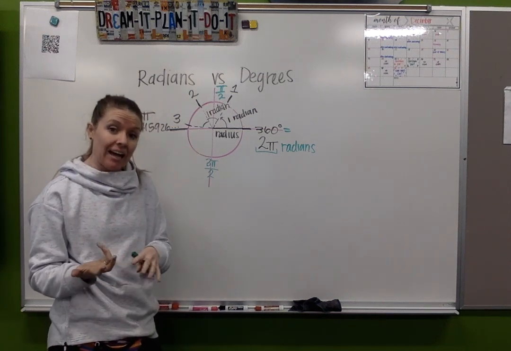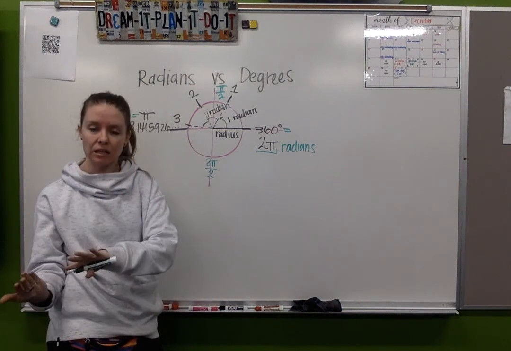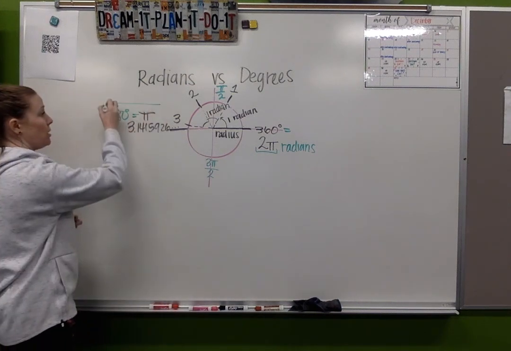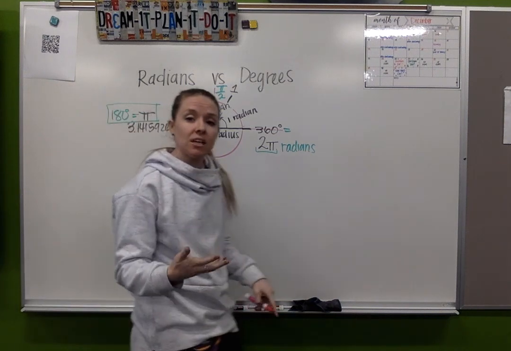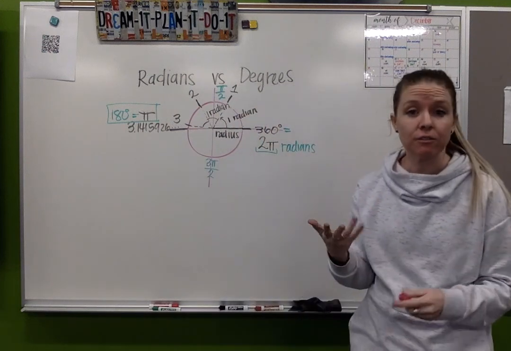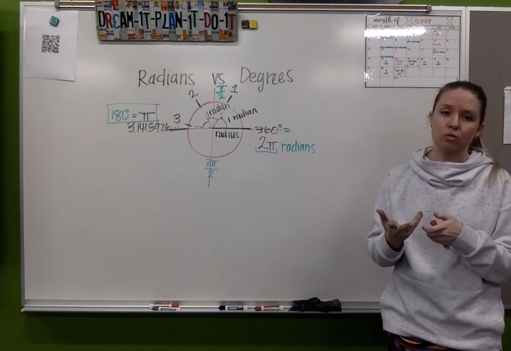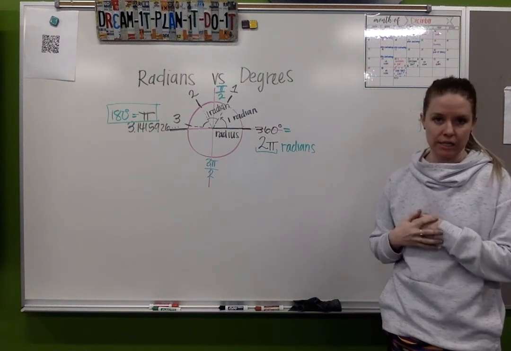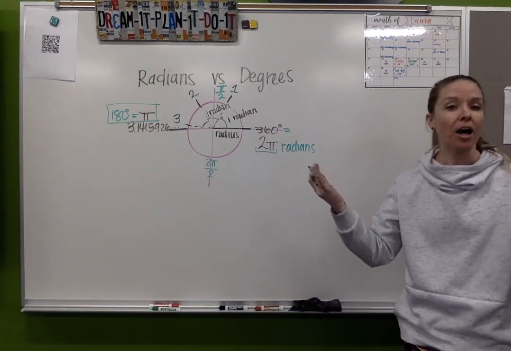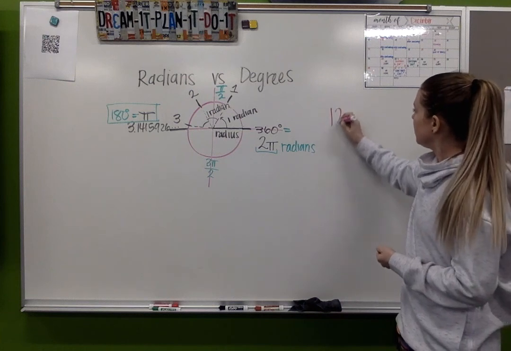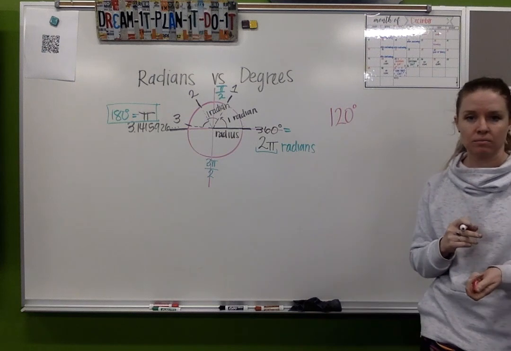So what we're going to look at is how do we convert radians into degrees and degrees into radians. It all comes down to this relationship. This conversion process should be a little familiar from chemistry. We're going to use a conversion path to create our radians or our degrees. We'll start off real simple. I want to convert 120 degrees into radians.